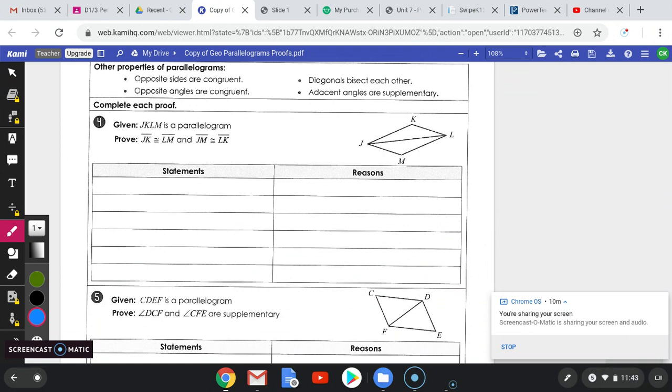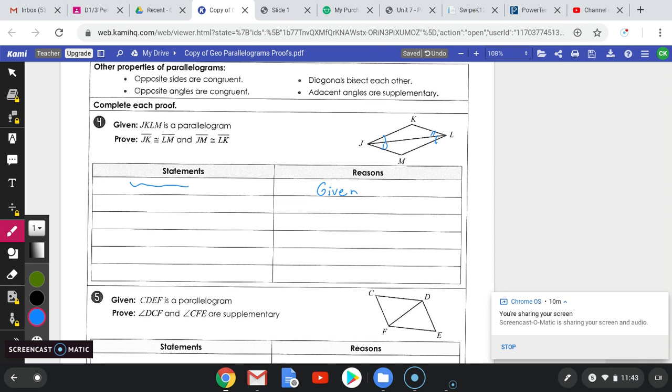So after I write the given here, what does the given tell me? Well, all that it really tells me is that JK is parallel to LM and JM is parallel to KL. So what does that actually give me? That gives me alternate interior angles being congruent.